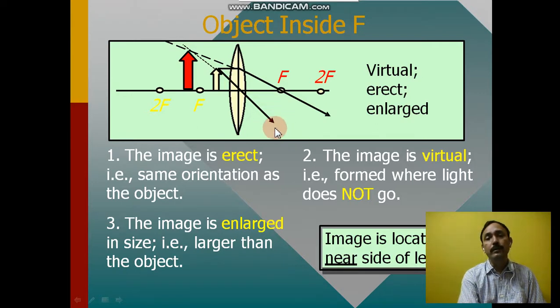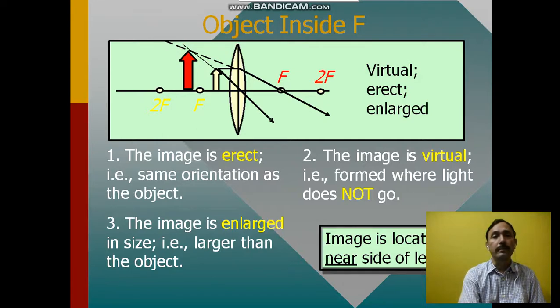If it goes in this direction, it will not meet. It is going outside. Now if we extend beyond this, then what will happen? It will meet or intersect at a particular point.